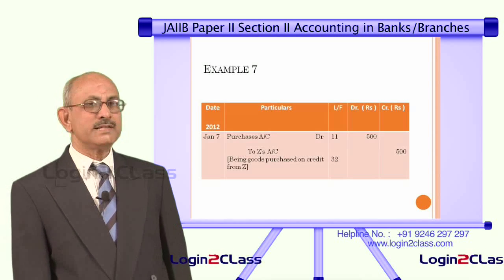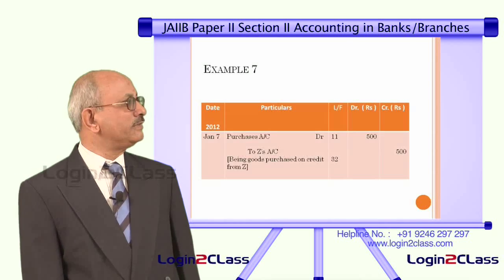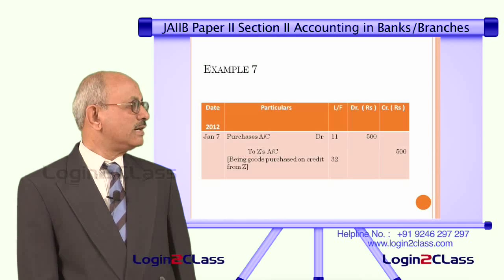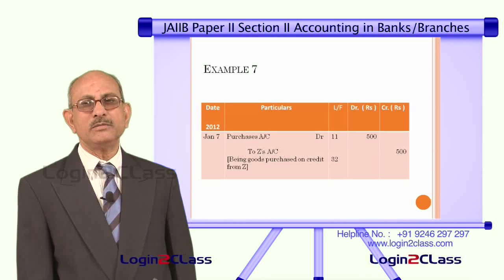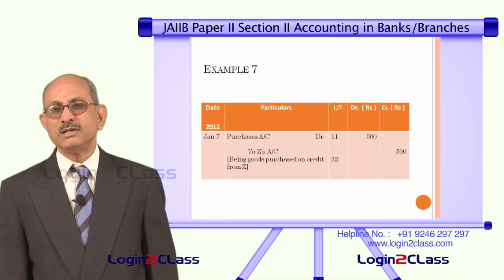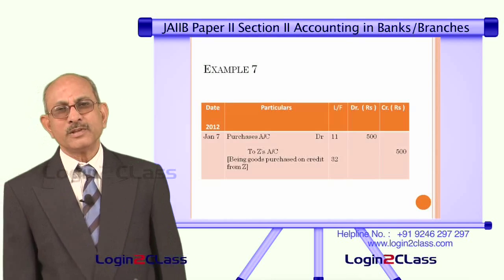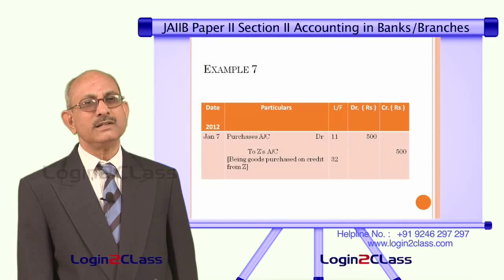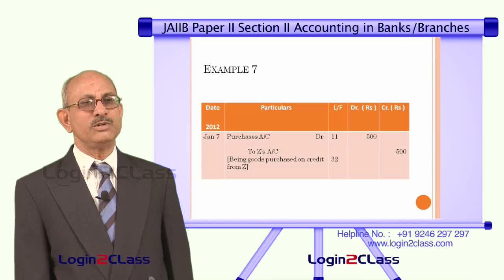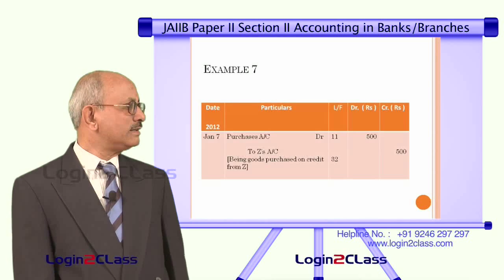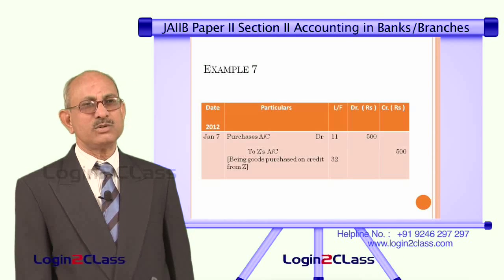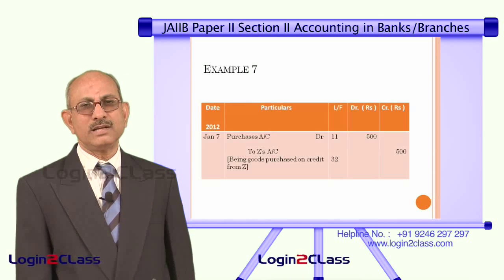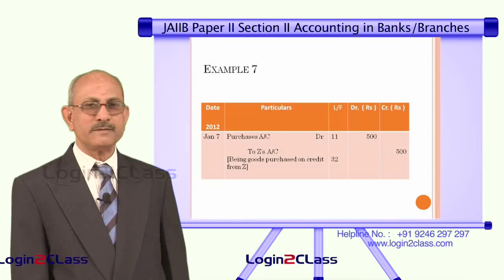Since purchase account is a nominal account, as we have seen in the first example, we have to debit purchases account, and Z's account has to be credited because Z is a personal account. There the rule is debit the receiver and credit the giver. Here Z is the giver of goods to the entity, so Z's account has to be credited. So how do you record this transaction in the journal? You have to write: purchase account debit 500 rupees and Z's account has to be credited with 500 rupees.